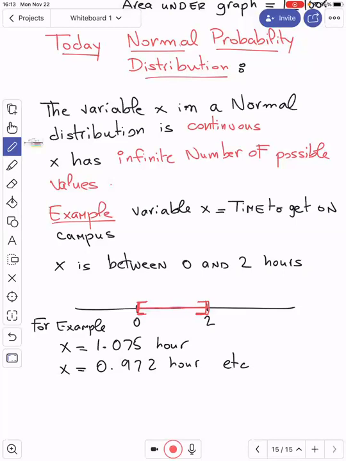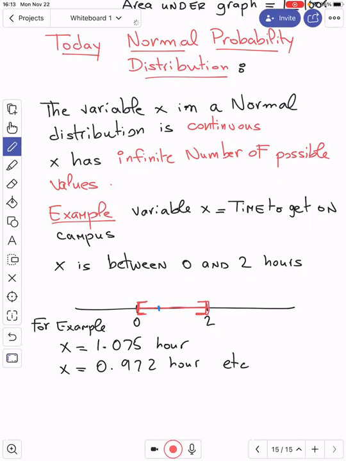If you pick a point between 0 and 2, it can be a decimal or a fraction, and because of the decimals, you have infinite possible values for X.